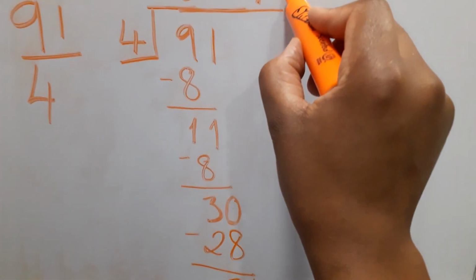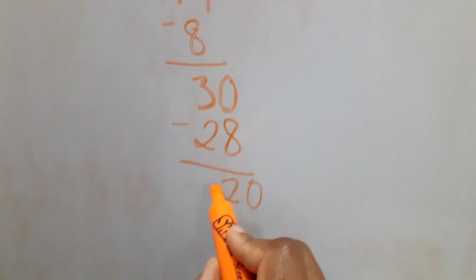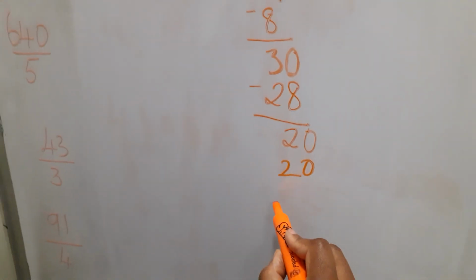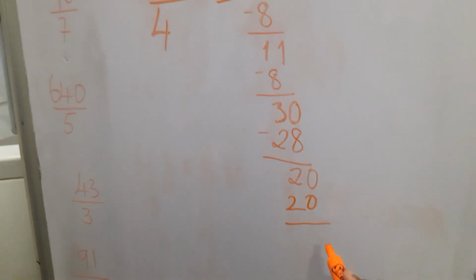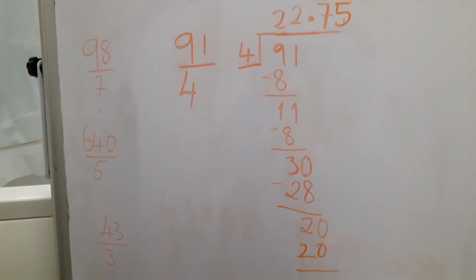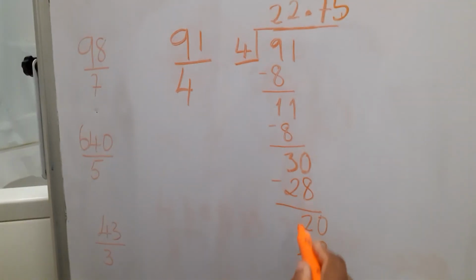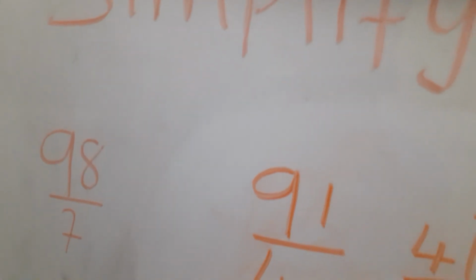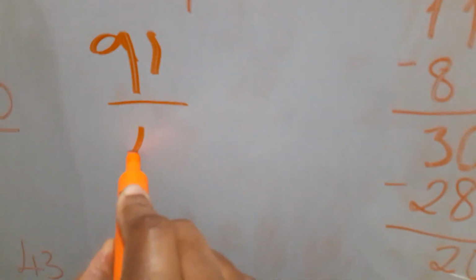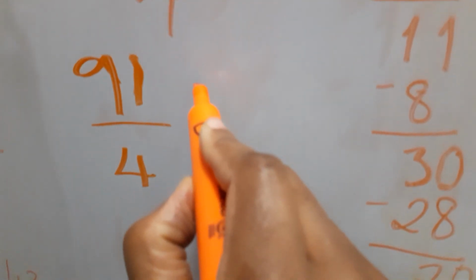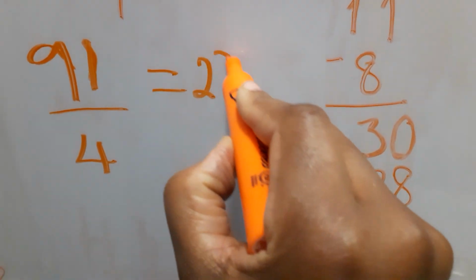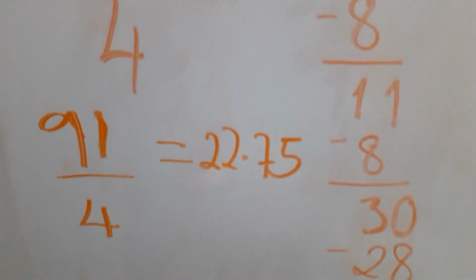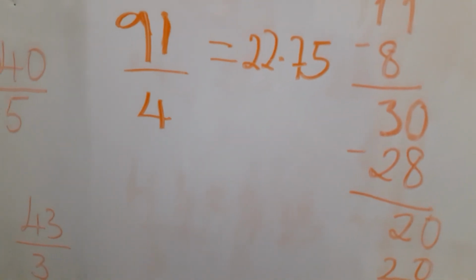So we put 5 here and here 20. So if you look at the long division, you will see these are all the steps, and the answer will be 91 divided by 4 equals 22.75.